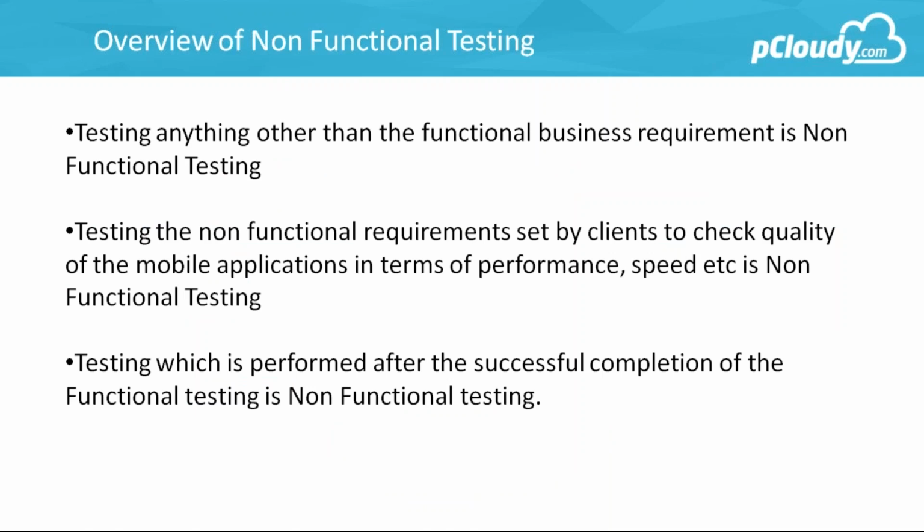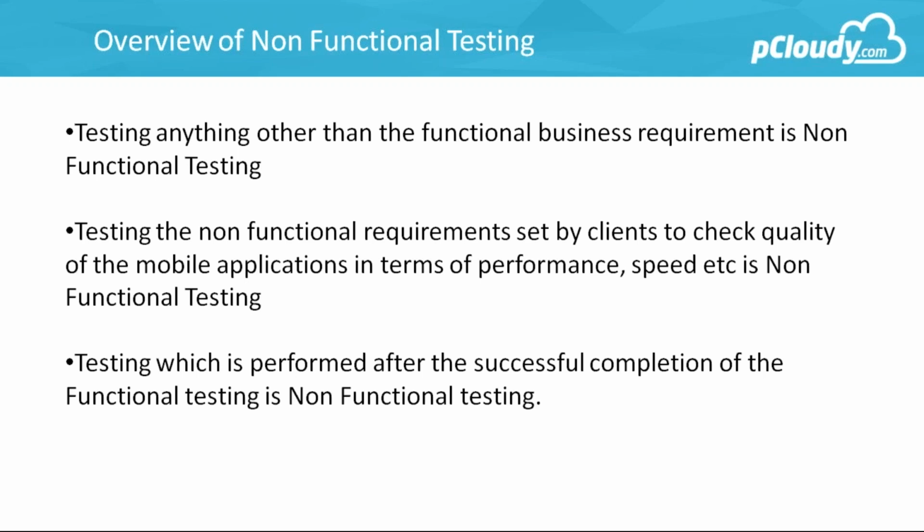When we look at the overview of non-functional testing, as we all know, from a black box testing perspective we have two categories of testing: functional and non-functional testing. We are all clear about functional testing. In a typical test life cycle, we concentrate mostly on functional testing, as it is the most obvious testing we can think of.